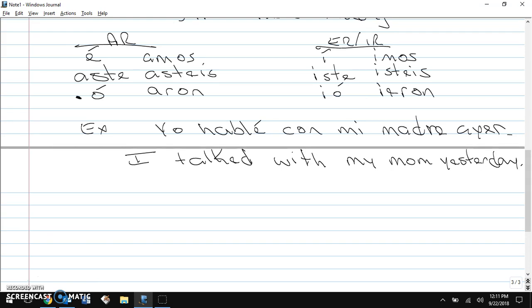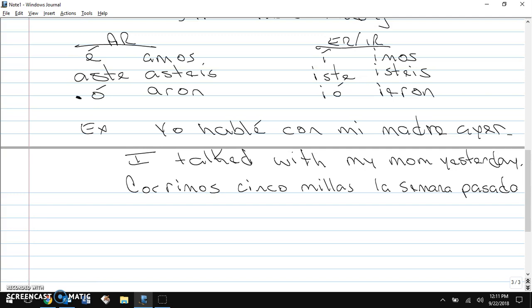We could do corrimos 5 millas la semana pasada. We ran 5 miles last week.